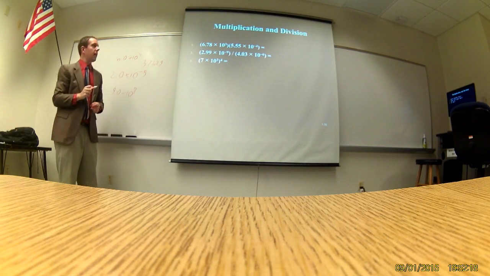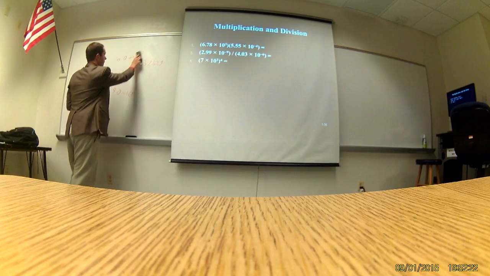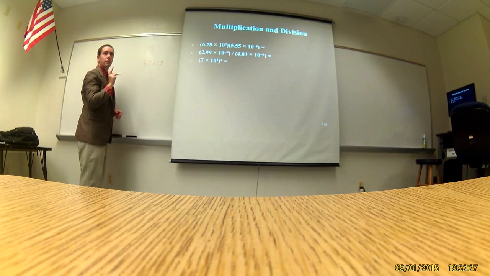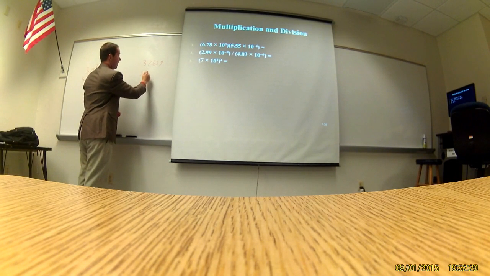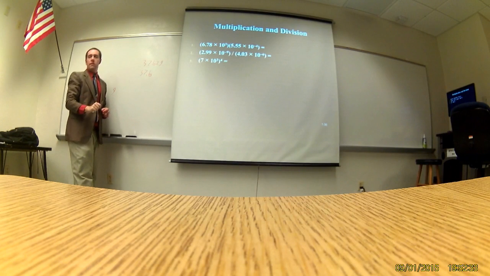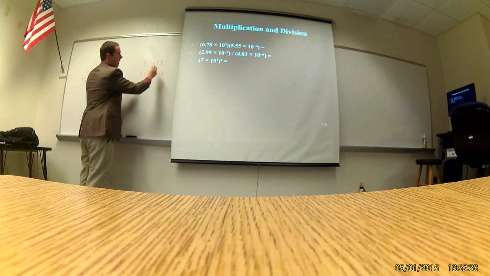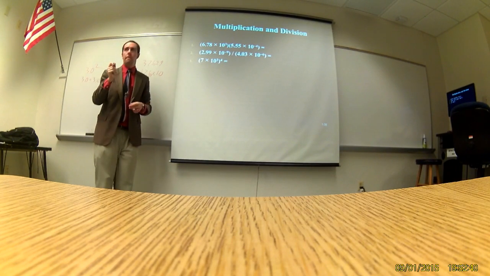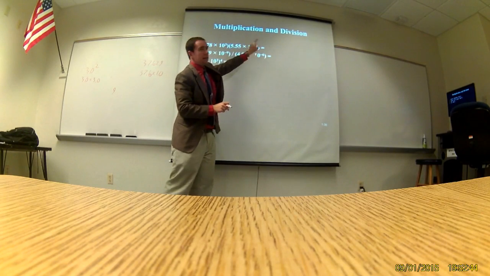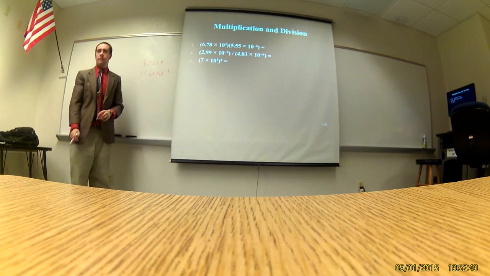How many sig figs do I have to have? 3. So what is that with 3 sig figs? 37.6. There you go. 37.6. That 29 rounded down is now gone. So 37.6 times 10 to the what? 3 plus negative 4 is negative 1.